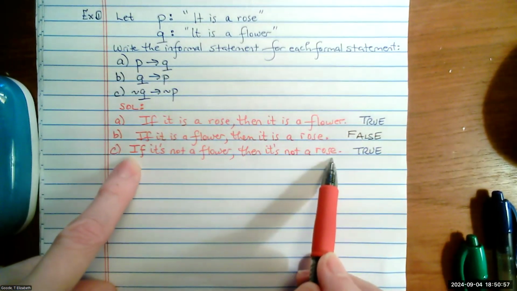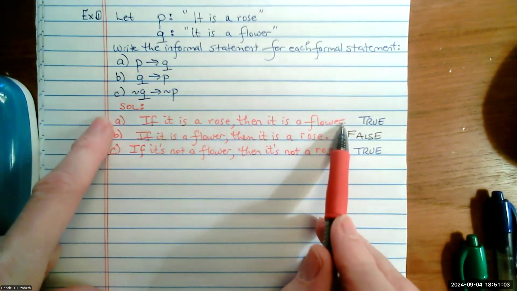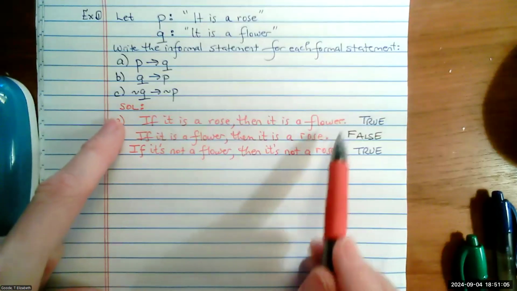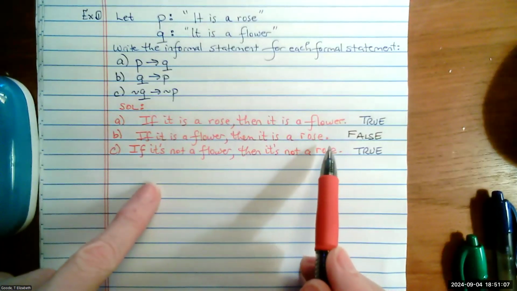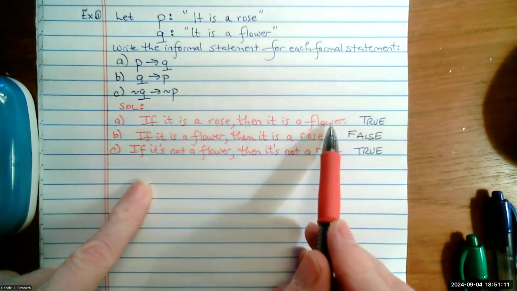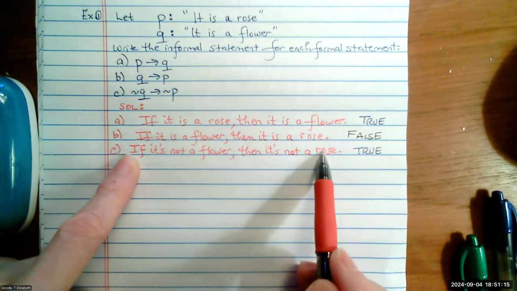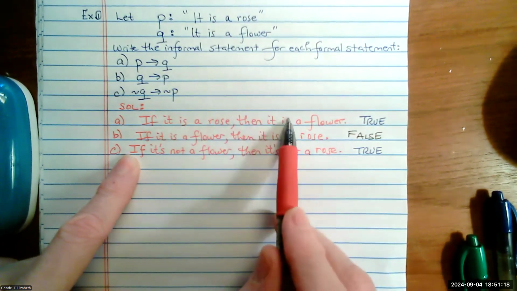But check out if not Q, then not P. I want you to think about that and think about the original, if P then Q. Do you see that they're really saying the same thing? If it's a rose, then it's a flower. Means the same thing as, hey, if it's not a flower, then it can't be a rose. Because if it's a rose, then it is a flower.